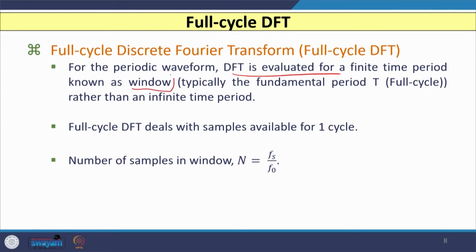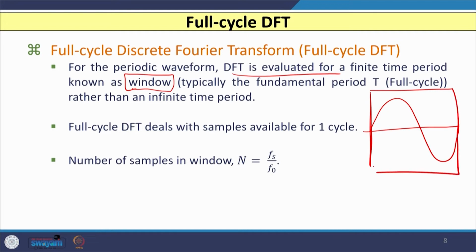So, in a particular window we are taking, let us say we have one signal and we are taking this window. If you acquire a number of samples at different time instants, then using these samples for one complete cycle, this is evaluated using discrete Fourier transform.